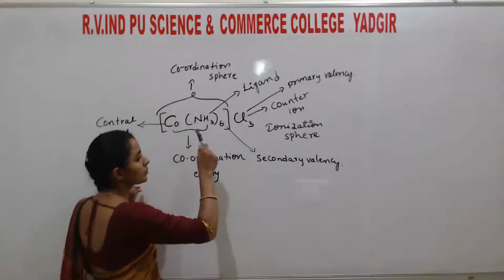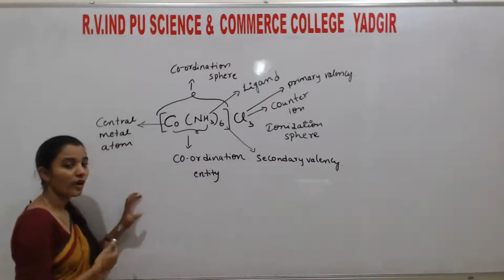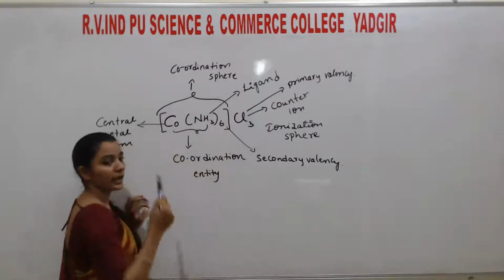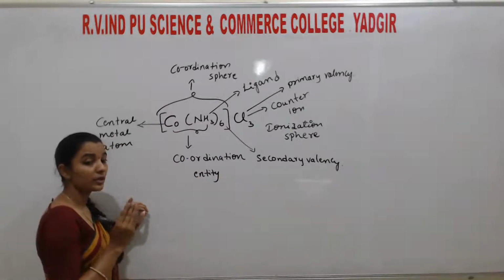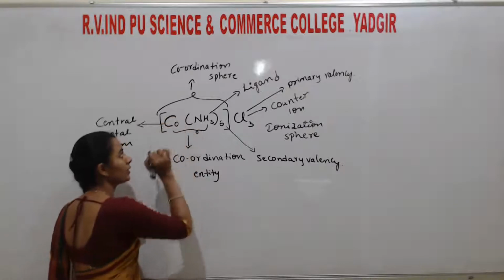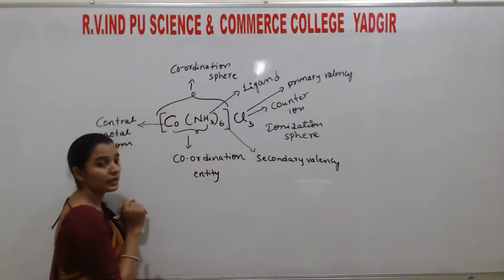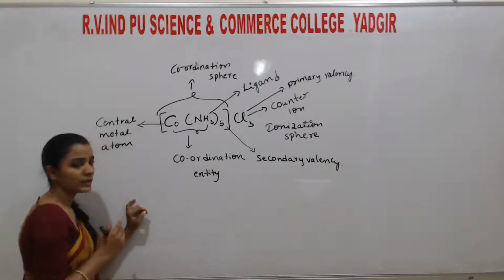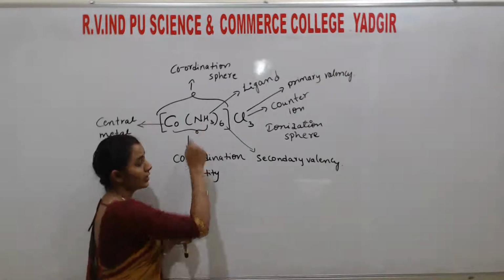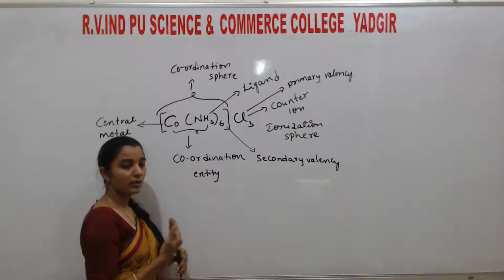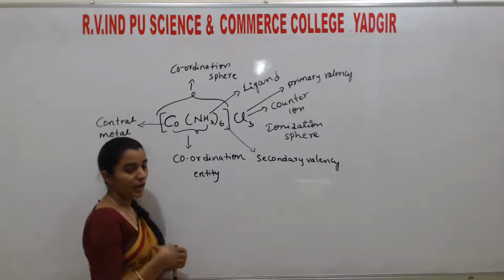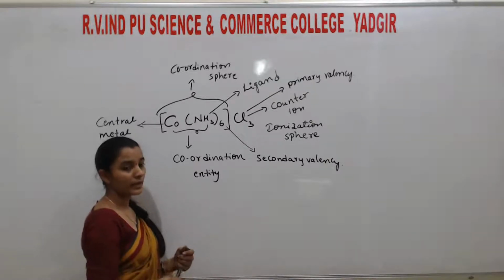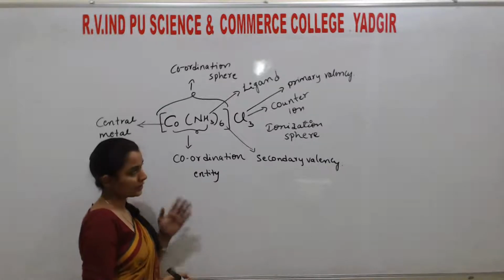The ions or neutral molecules which are bonded to the central metal atom are called ligands. In that, different types are there. NH3 is there, Cl also, there may be neutral molecules as well as anions. Based on that, we again classify the ligands into different types. I'll explain, students, while explaining the ligands and writing the definition of the respective terms.